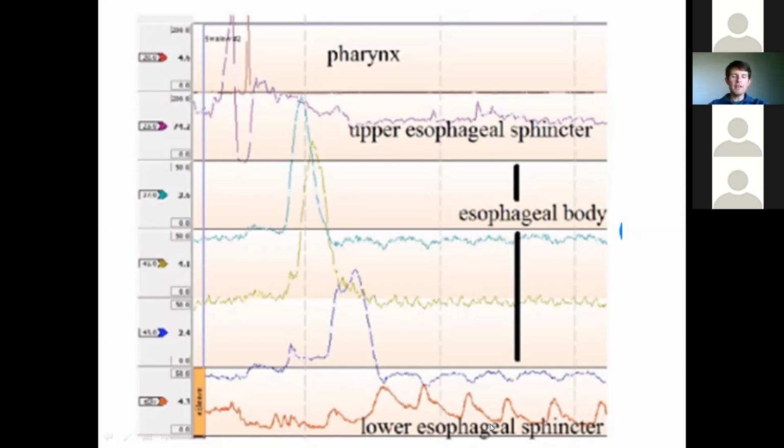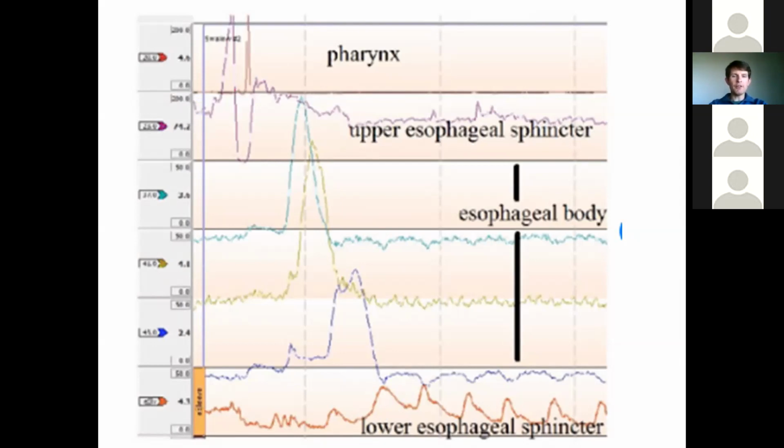bolus to pass. Going back to that concept that this is all just measurement of pressure, and I'm going to touch on this several different times throughout the presentation, but you can see these pressure waves at the lower esophageal sphincter. That's probably respiratory variation at the diaphragmatic crura as they pinch in on the esophagus.